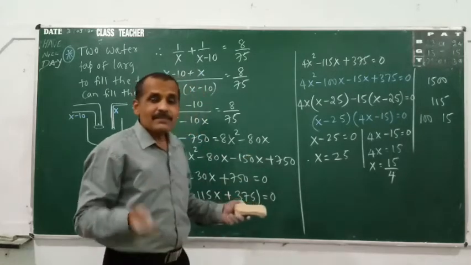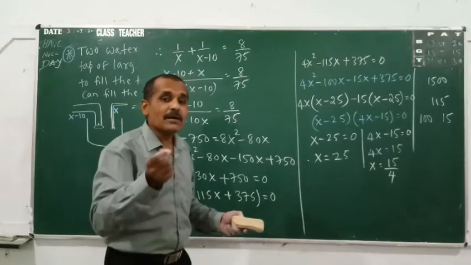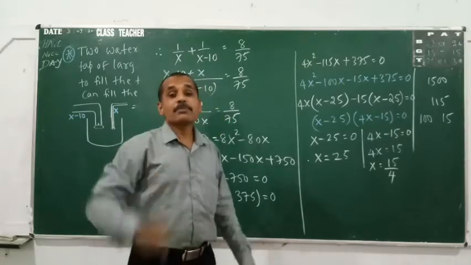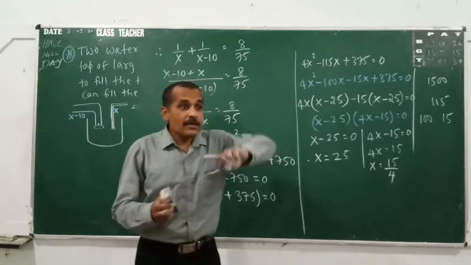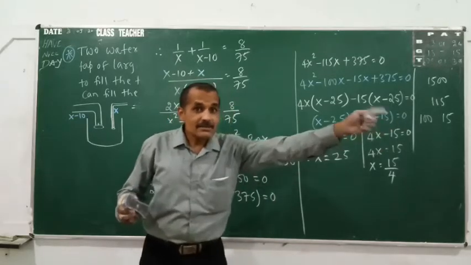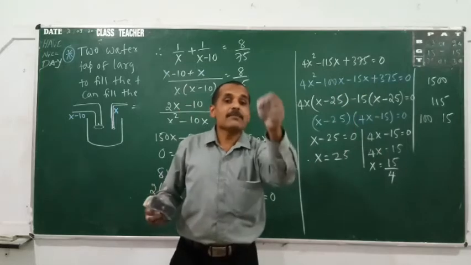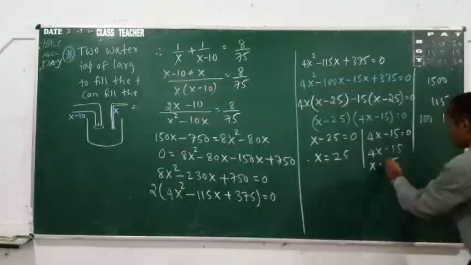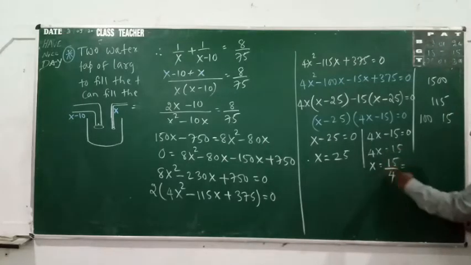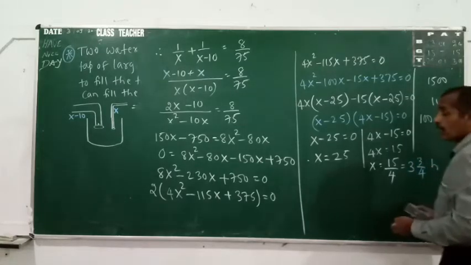What is x? x is the time taken by the smaller tap, and 10 hours less is the time taken by the larger tap. See what happens. 15 by 4, if you convert into a mixed fraction, is 3 and 3 by 4 hours.